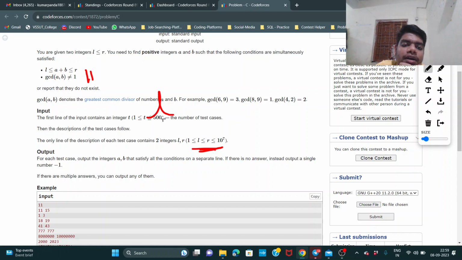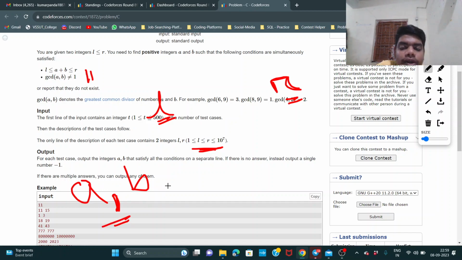We are given one range, L to R, and we have to find two integers, A and B. First, I cannot traverse all the elements, because the range is 10 to the power 7 and 10 to the power 7 times 10 to the power 5, so it is like 5 times 10 to the power 9.